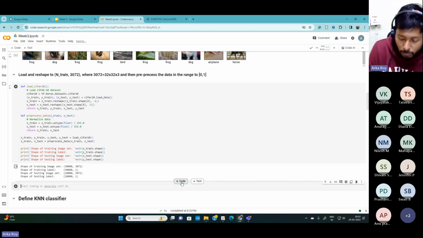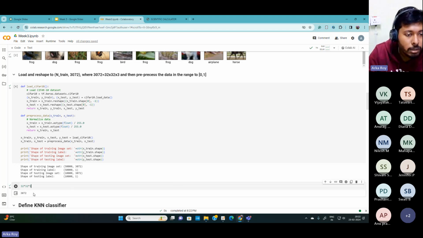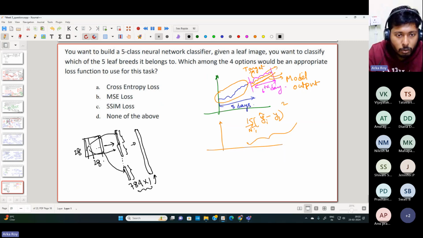Now how is this 3072 coming? You have 32 by 32 by 3. If you just flatten the image, 32 by 32 by 3, it will give you 3072 values. That means you are flattening the whole image, doing the same operation that I have shown over here. This is for one particular channel. If you have an RGB image, for the red channel you do the same, then for the green channel you append beneath this one.